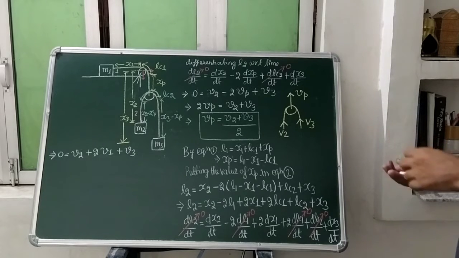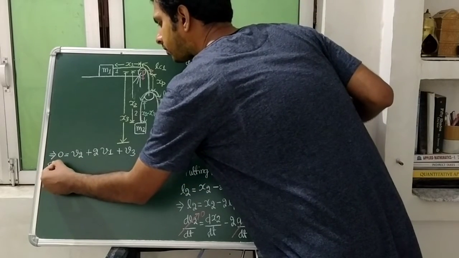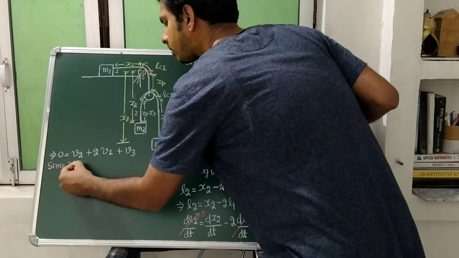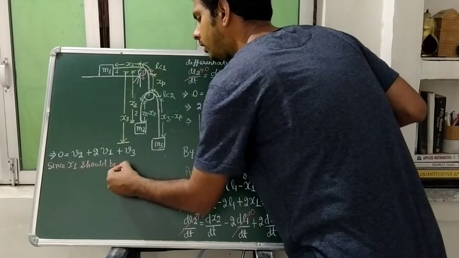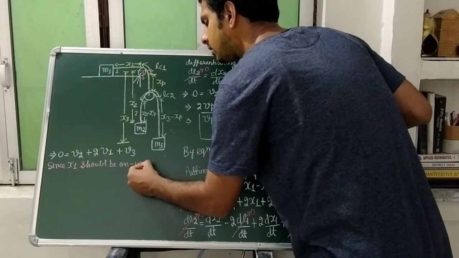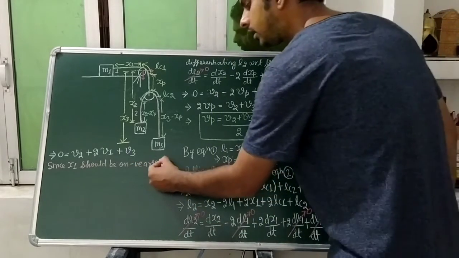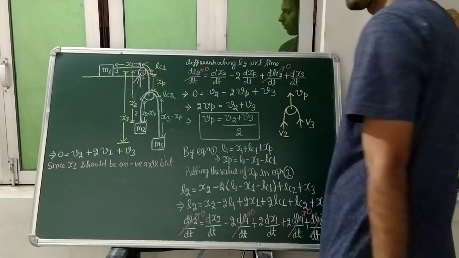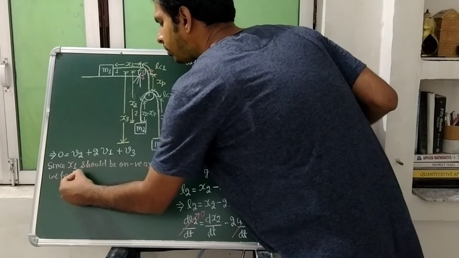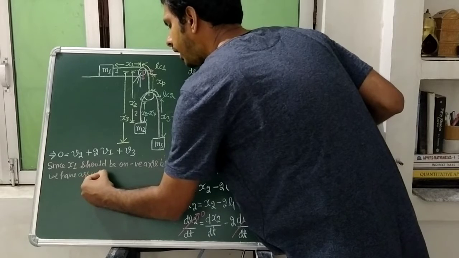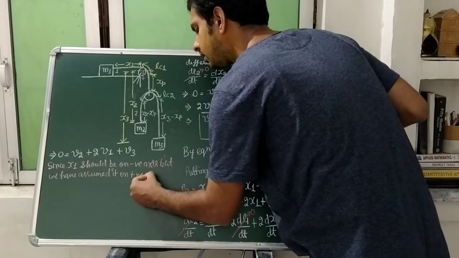And students, one thing you will notice, since x1 should be on the negative axis, but we have assumed it on the positive axis, isn't it?